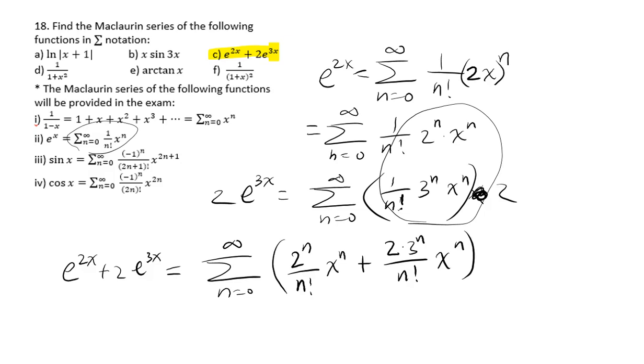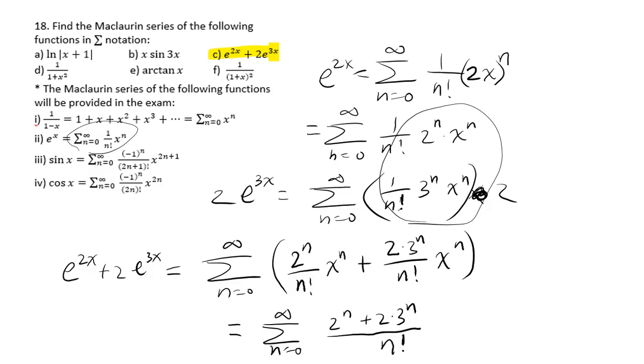And since they both have x to the n and n factorial down there, you should rewrite the solution as 2 to the n plus 2 times 3 to the n over n factorial.